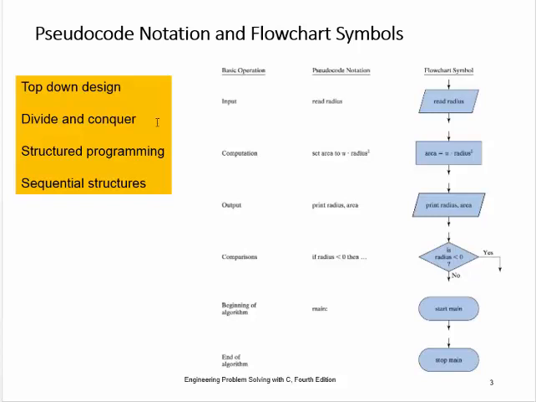This is different from object-oriented programming. I teach a class next semester in object-oriented programming. I don't know if that's going to be C++ or C# right now, but programming in object-oriented is not necessarily sequential. So all of our programming here is sequential.